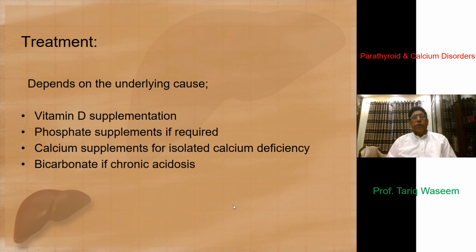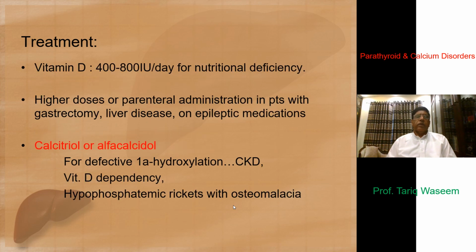The treatment would depend upon the underlying cause. We have to treat it with vitamin D supplementation. We have to give phosphate supplements if required, calcium supplements for isolated calcium deficiency, and bicarbonate if chronic acidosis or renal tubular acidosis is the cause.